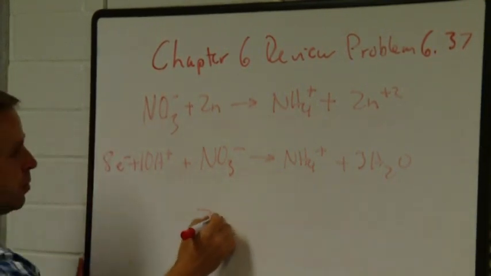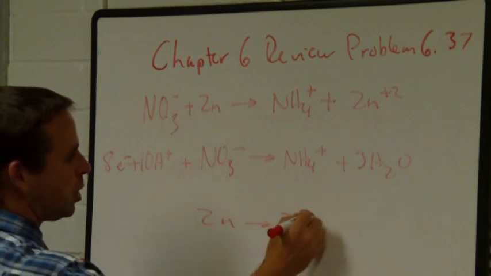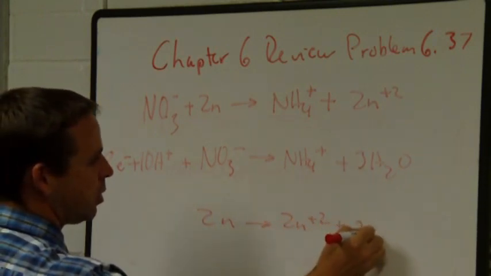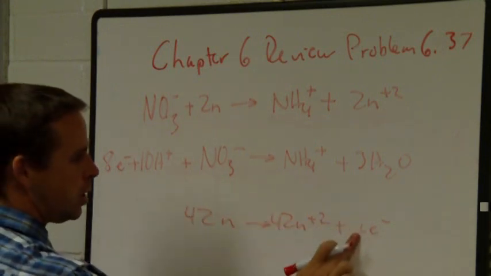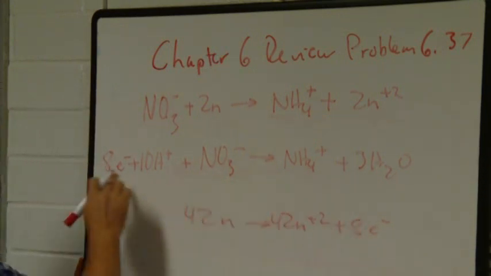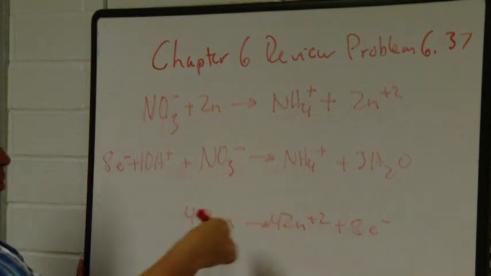Okay, the other half, zinc going to zinc plus 2, and all we have to do there is minus 2 electrons. But we're going to need 4 of this so that this matches 8 electrons over here. Electrons are going to cancel out.